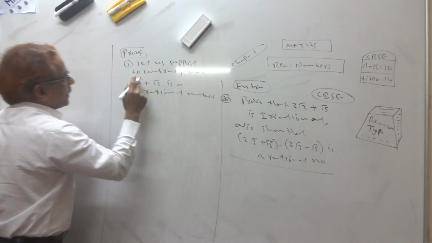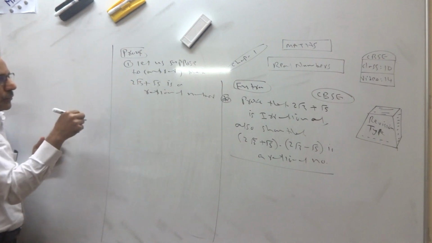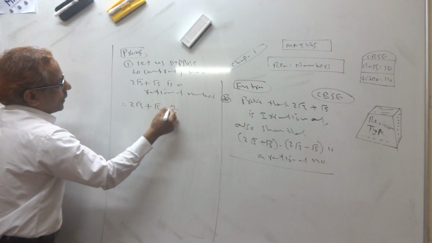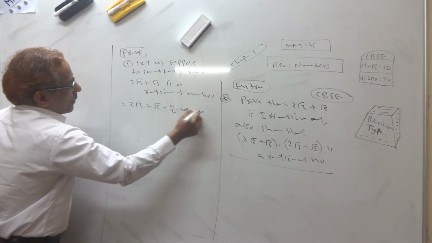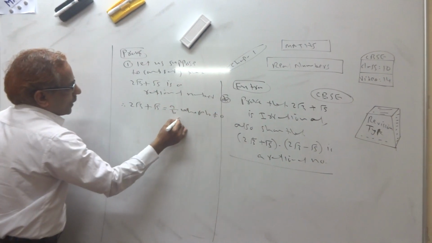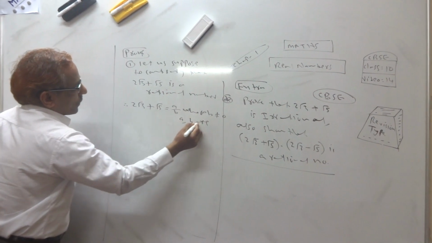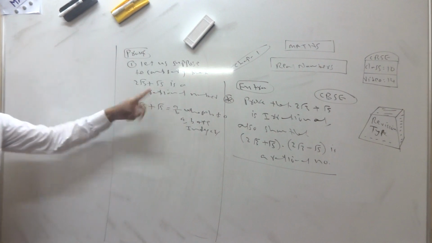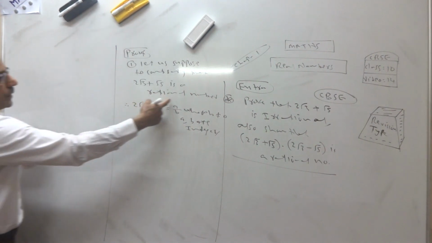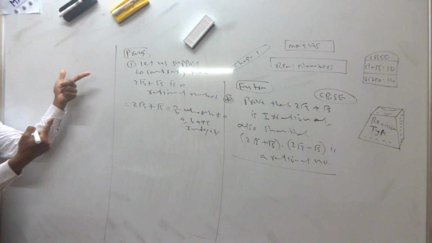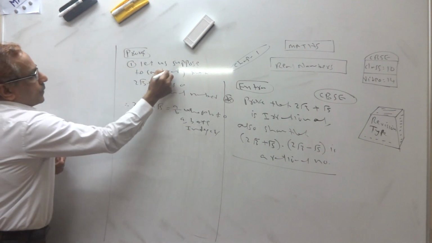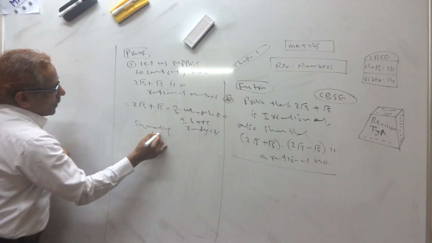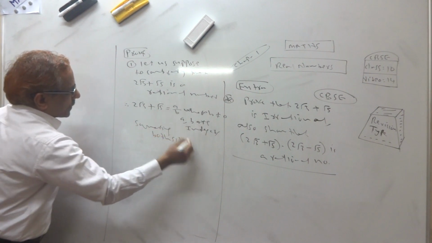You know, this is the second type. We have two types of questions. Therefore 2 root 3 plus root 5 will be a by b, where b is not equal to 0 and a, b are integers. Integer by integer is a rational number. So we suppose wrong, contrary. Now what we do, we take squaring both sides.